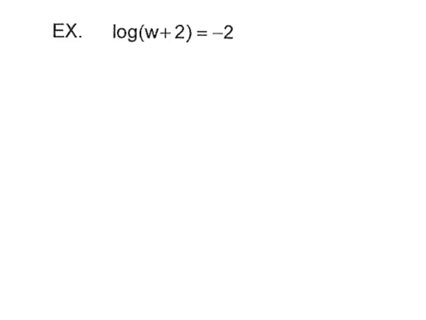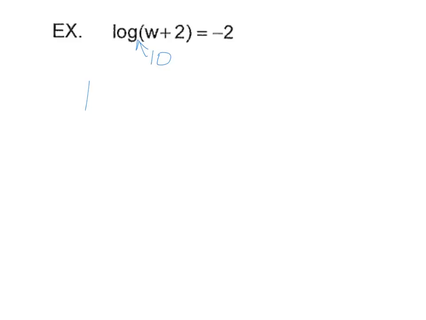Log of w plus 2 equals negative 2. The way you do this is rearrange the problem into exponential form, which we did a couple of lessons ago. And so we need a little base to grow up and become a big base. Remember, if you don't see a base at all, there's an understood 10.